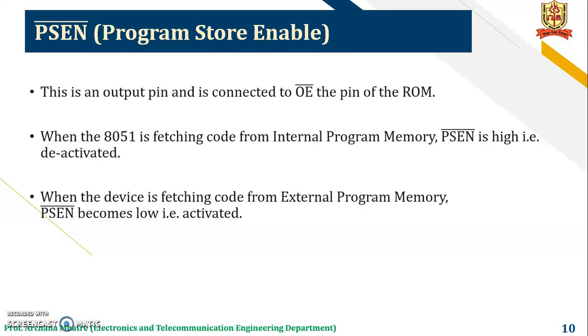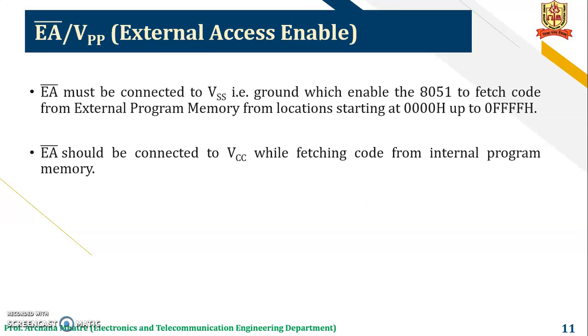Now next is EA bar/VPP, that is external access enable. EA means external access enable. EA bar must be connected to VSS, the ground pin, which enables the 8051 to fetch code from external program memory from locations starting from 0000H up to 0FFFH. EA bar should be connected to VCC while fetching code from internal program memory.